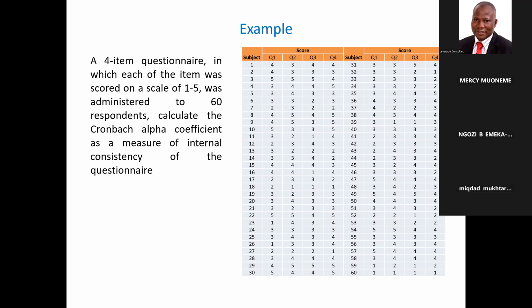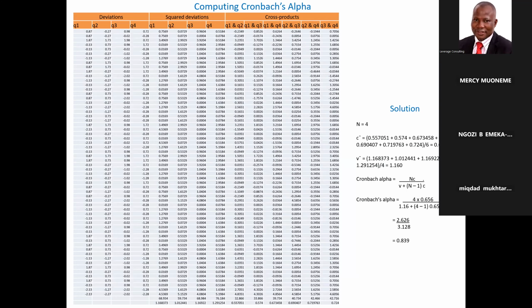The sample size is one that I adjusted: I just took the first 30, and of the questions, I just took the first 4, for ease of demonstration. So we calculate the Cronbach alpha and it gives us 0.839. You don't need to bother yourself with all those rigorous calculations.